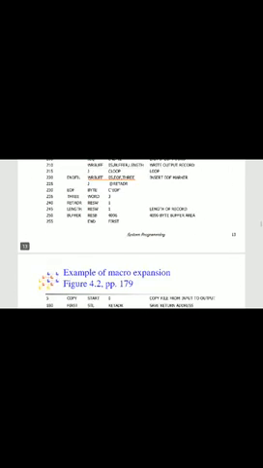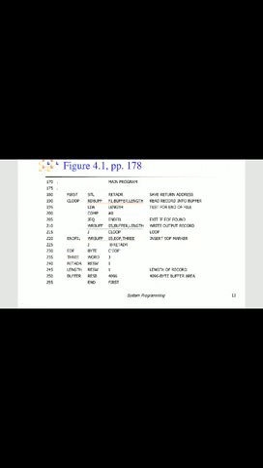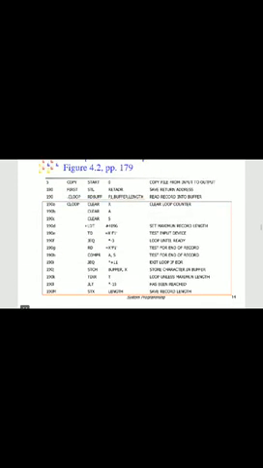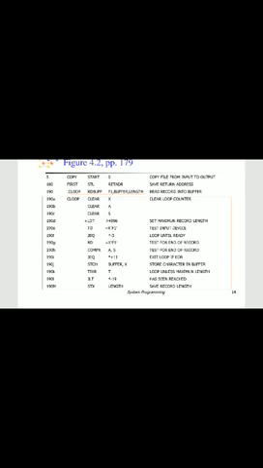Now you can see here RDBUFF is called with F1, BUFFER, and LENGTH. And now how it is going to be expanded, you can see here. When on line number 190 you call RDBUFF, once you call it, the macro processor is going to replace the complete body of the macro here.